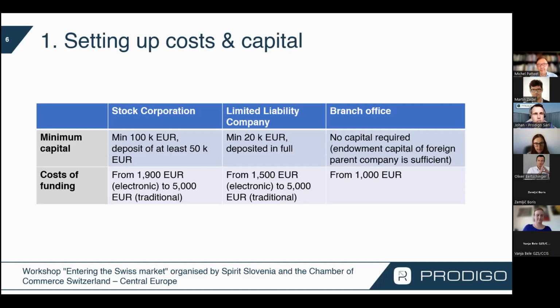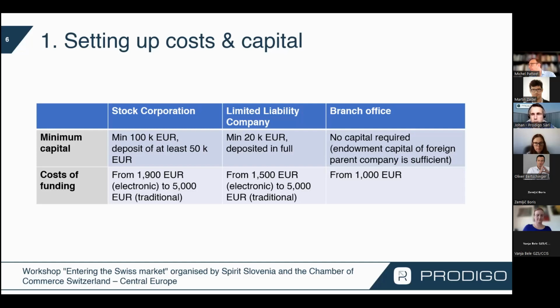And for the LLC company, it is quite less, so the minimal amount is 20,000 Swiss francs or euro. On the other hand, no capital is needed for the setting up of a branch office, so it is an advantage compared to the two other company forms.